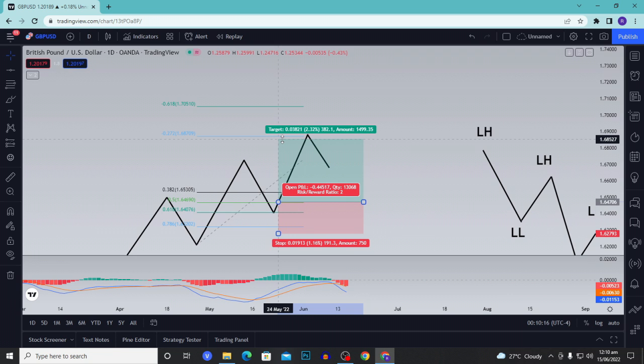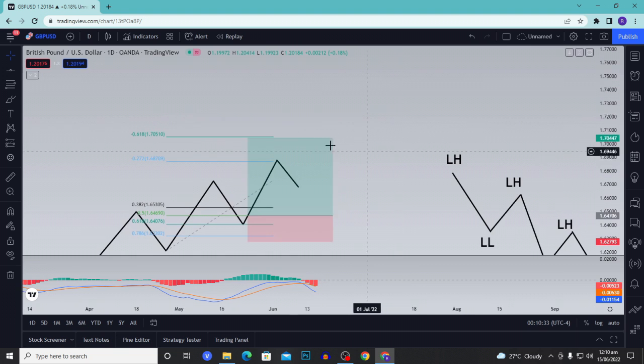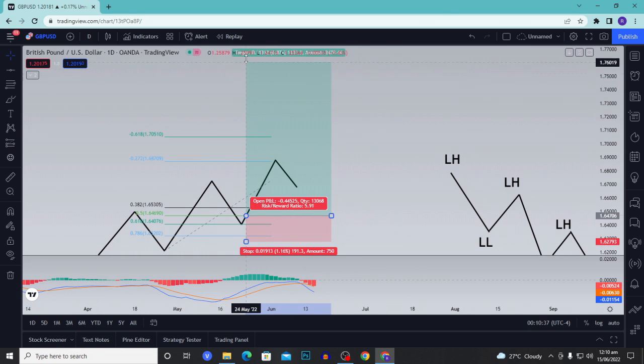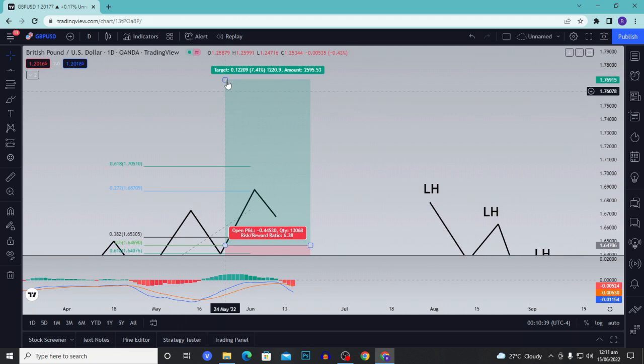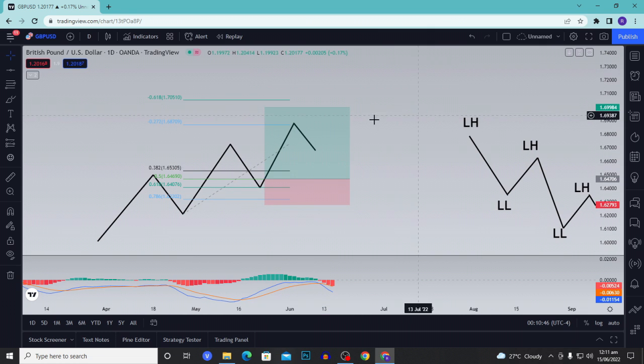Then you adjust it a bit to be at least a 1 to 3 risk to reward ratio. And in this case, it's at our negative 0.618. But it doesn't matter if it's up here, far above. Once it's a 1 to 3 risk to reward ratio, you place it.